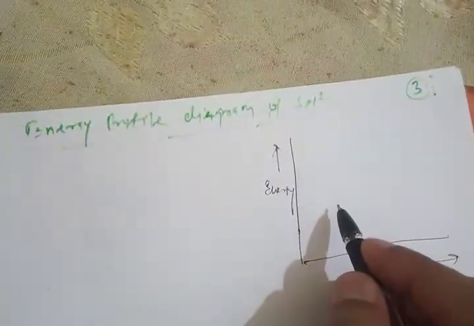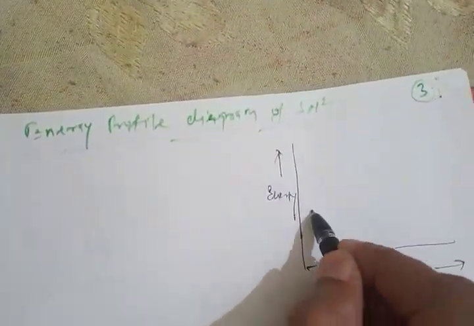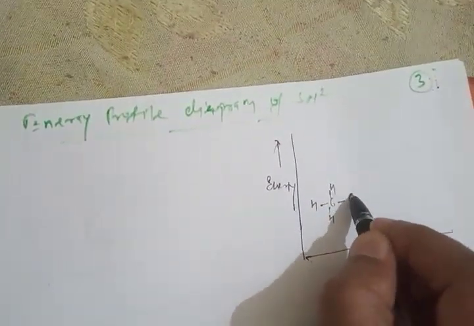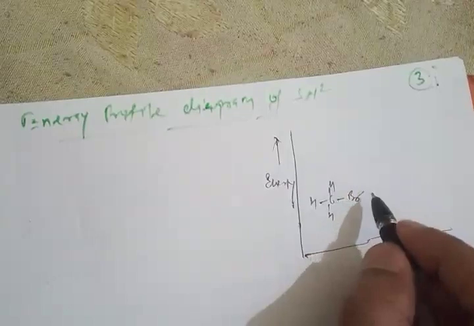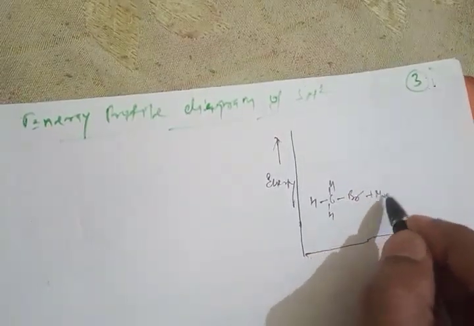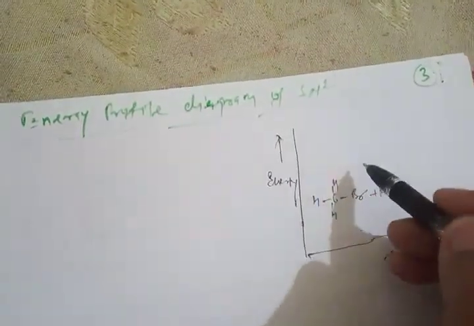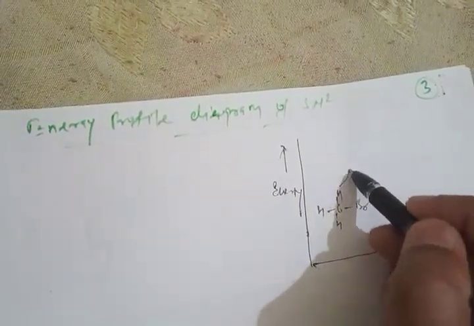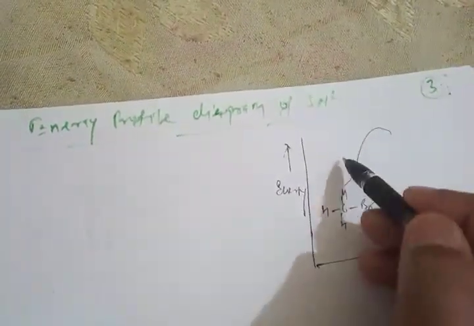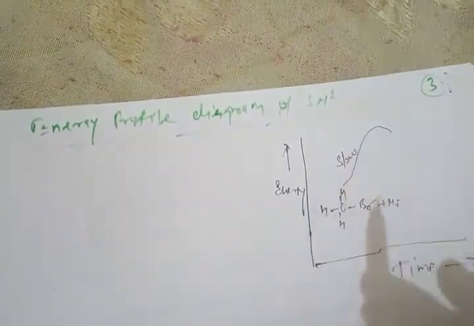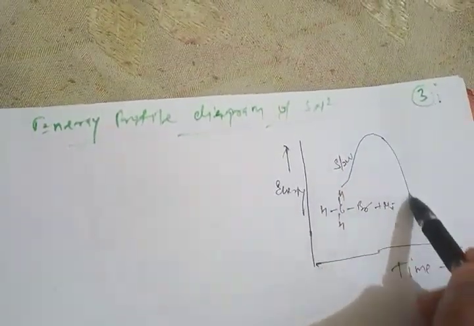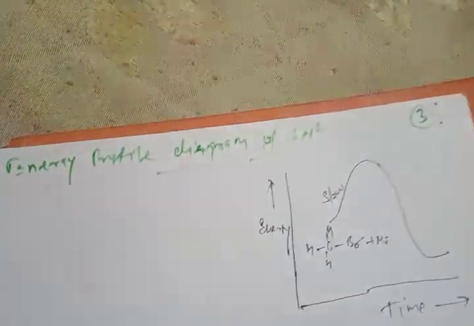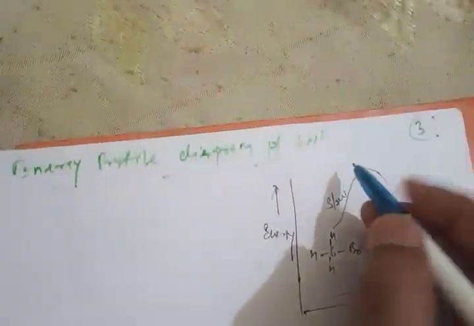So what happens here: we have a reactant carbon, hydrogen and hydrogen, and this is the Br with the nucleophile. Earlier, when this attack is there, this is a slow reaction. And then a state occurs, which is the transition state.